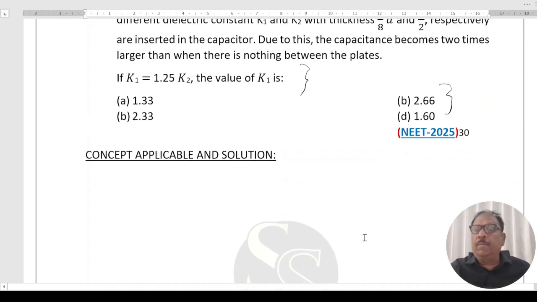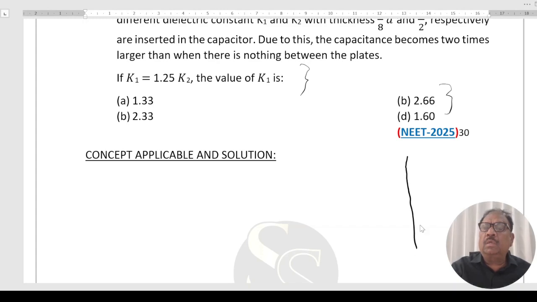Now in this case, this is a capacitor plate. One dielectric slab, another dielectric slab.